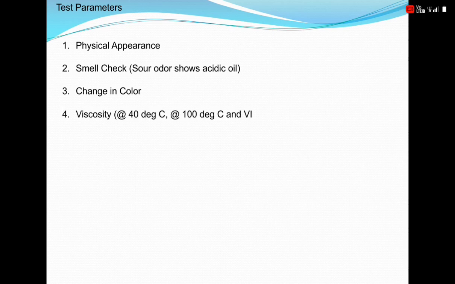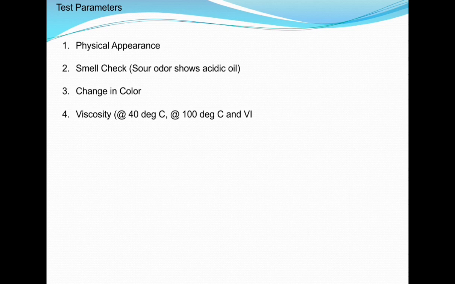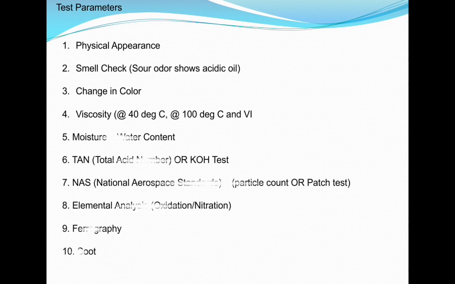Fourth is viscosity, and viscosity is basically of two types. It may be absolute viscosity, it may be kinematic viscosity. And the fifth one is moisture contamination. It may be TAN, TBN value, elemental analysis, which will tell you whether the contamination is ferrous in nature, or whether there is copper.